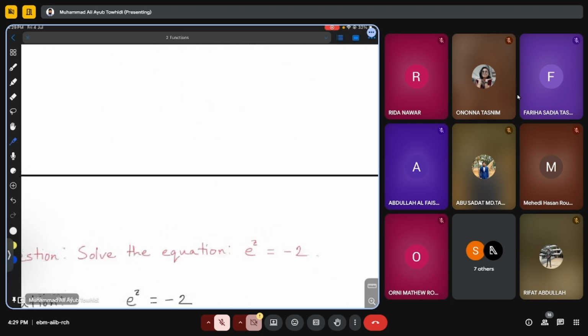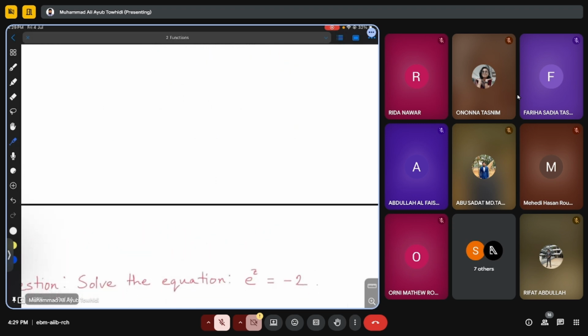Now, look at this. Solve the equation e to the power z equals -2. Okay, first of all, is it possible? Is it possible to have a negative value with some number in the power of e?